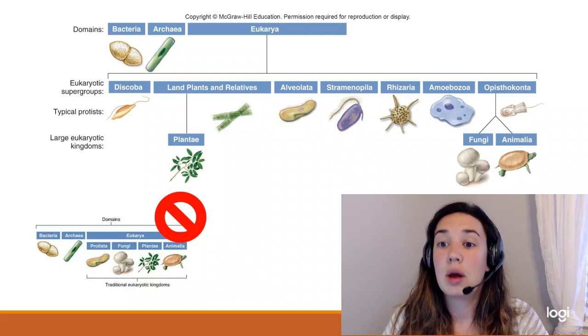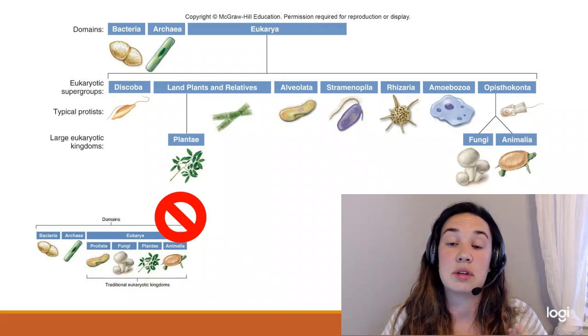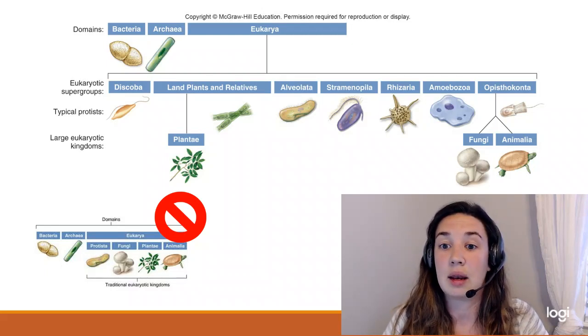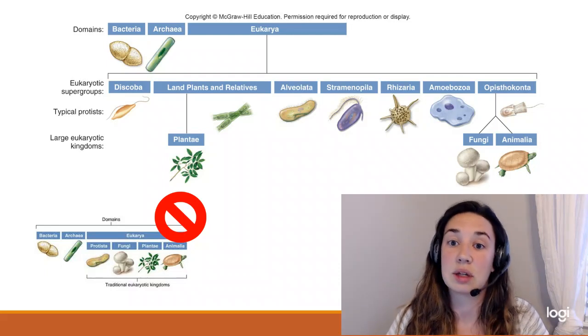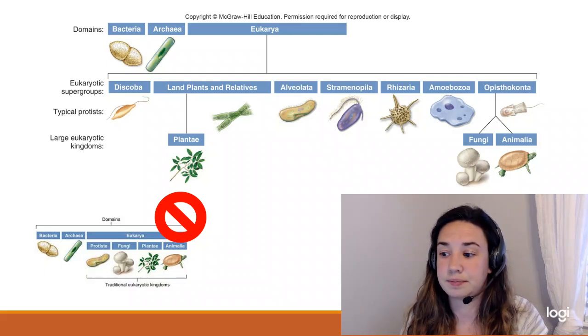Now scientists have determined that these 7 subgroups are more likely and work a little bit better in order to classify these organisms.